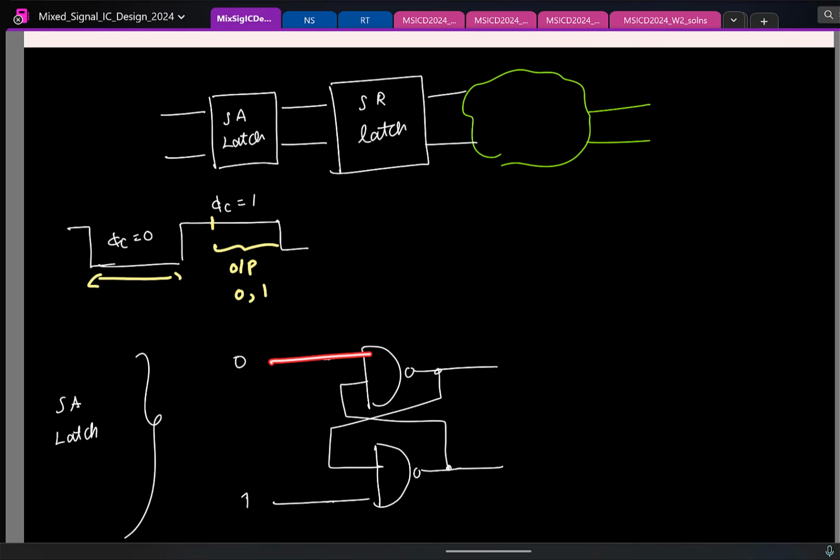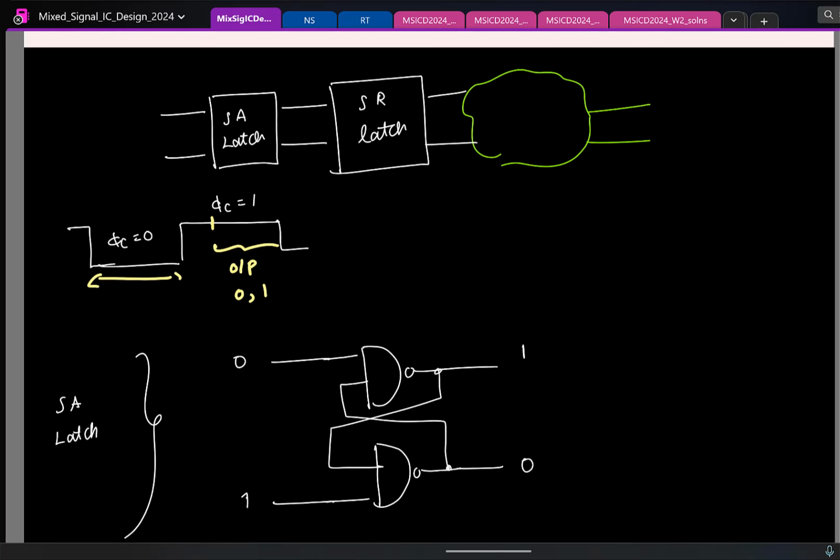Input to the NAND gate is 0. What will be the output? NAND gate 1, so this will be 1. This is 1, and this will be 0. Of course, we have flipped the decision, so we can put a CMOS inverter and get it correct. But the important thing is, even when I am resetting this, I should hold this, right?